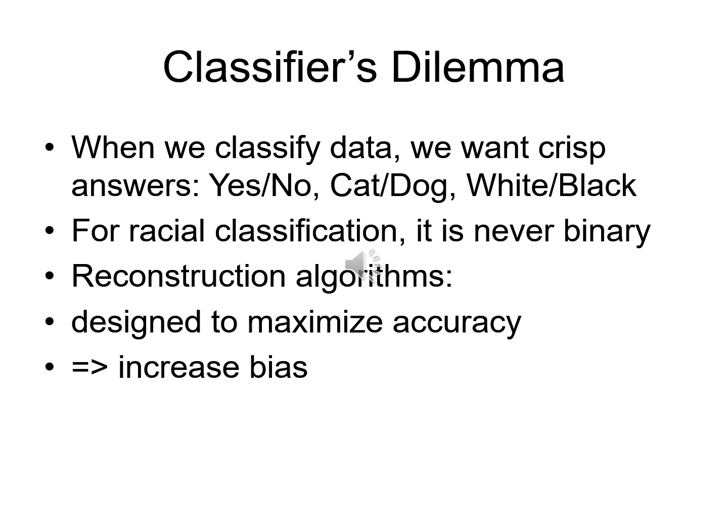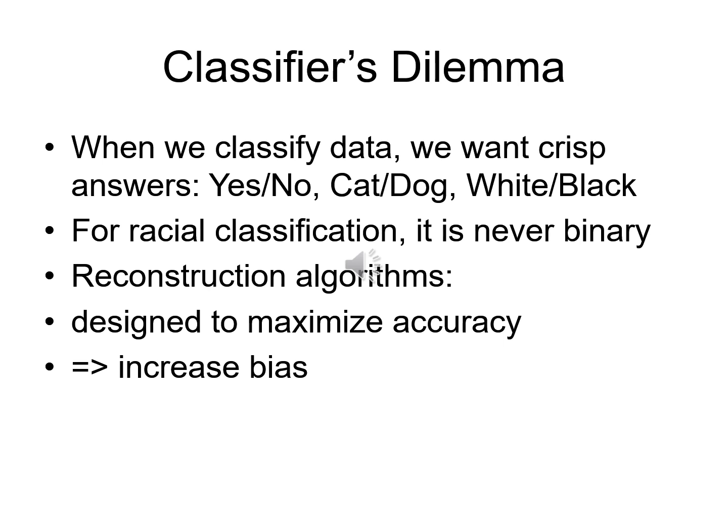We are trying to classify, in this case, image identification. What we want to do is to have a crisp answer, namely yes or no, or a choice between cat and dog, or if it's a person, black or white. For racial classification, the problem is compounded because it's never binary. All we have to do is recall that even though Barack Obama is considered black, he's actually half white, so he's 50% white.